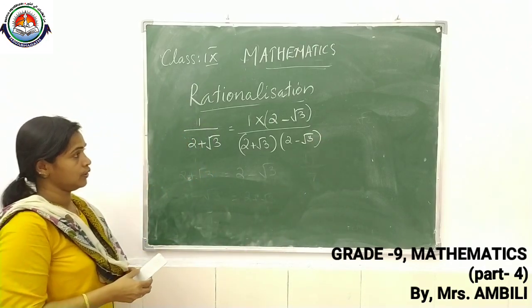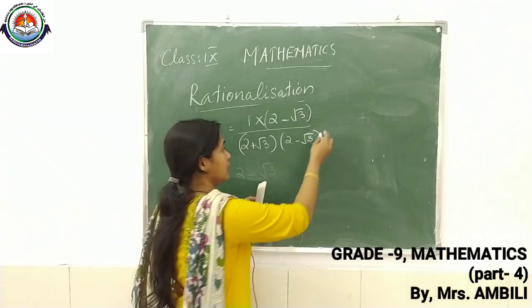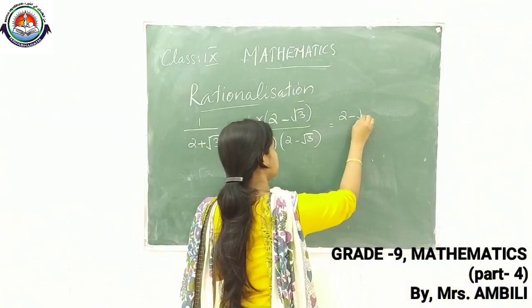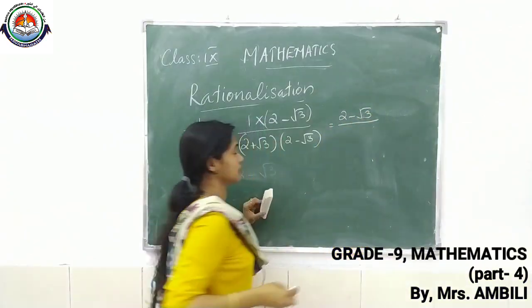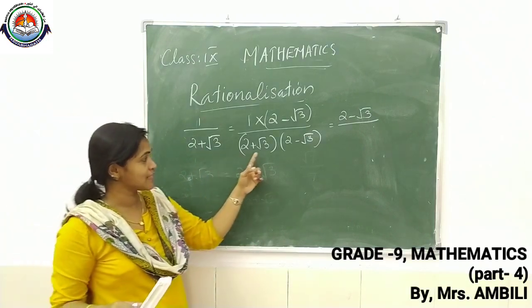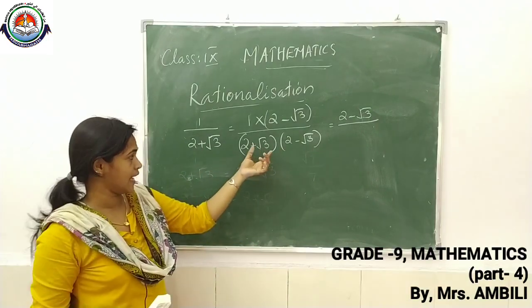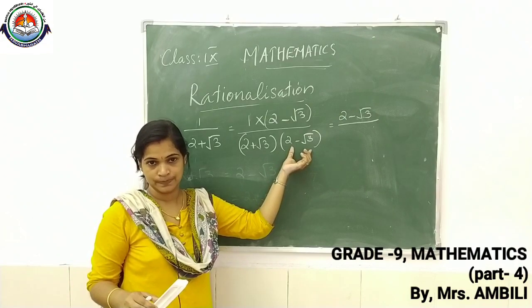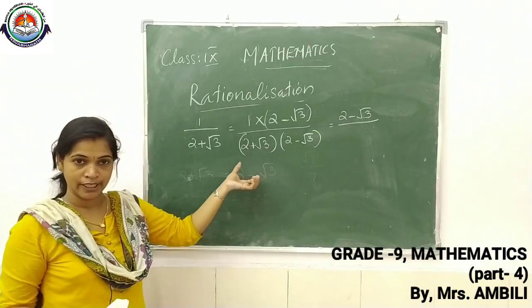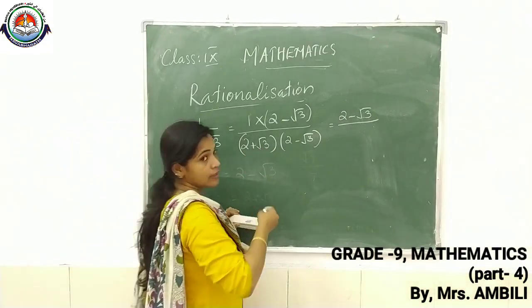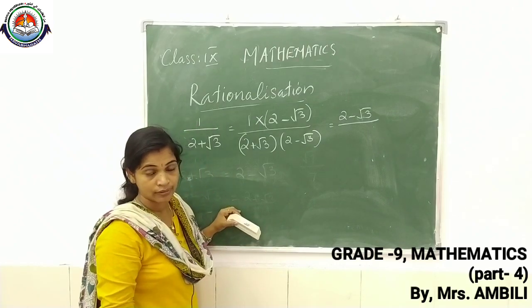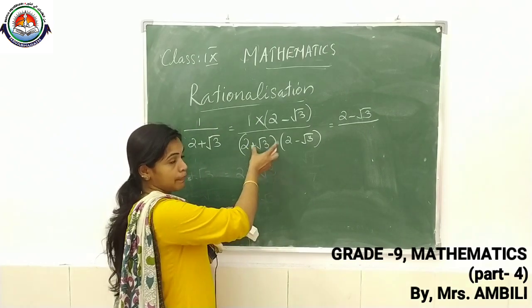Okay. So here you look, 1 into 2 minus root 3 is 2 minus root 3. Here 2 plus root 3 into 2 minus root 3, that is a plus b into a minus b. What is a plus b into a minus b? A plus b into a minus b is a square minus b square, isn't it? So here we can apply that identity.